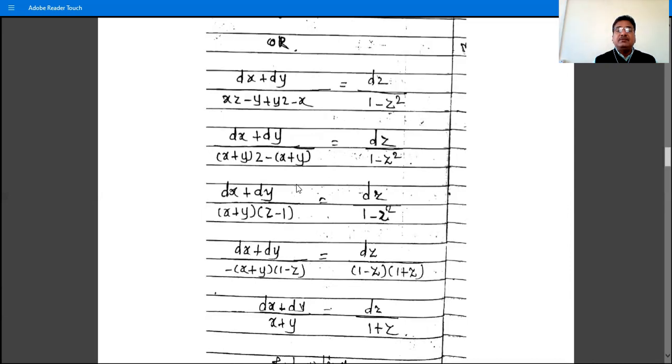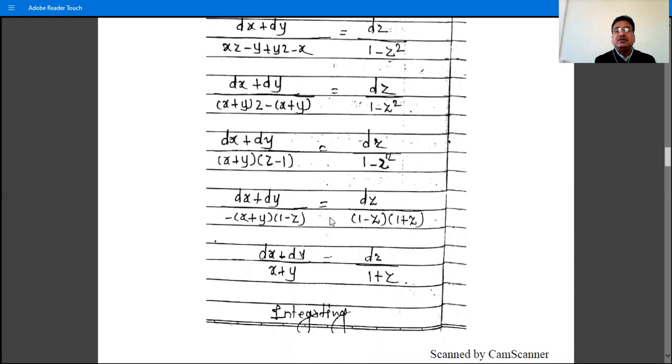So we have x plus xz, minus y plus yz, minus x; take x as common, z as common from these two, and so we have x plus y as common, and shifting, we get z minus 1, or 1 minus z, into RHS. So the factorization of 1 minus z square is 1 minus z, 1 plus z.